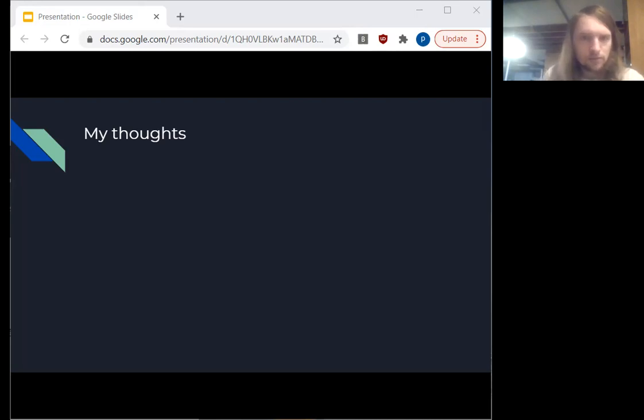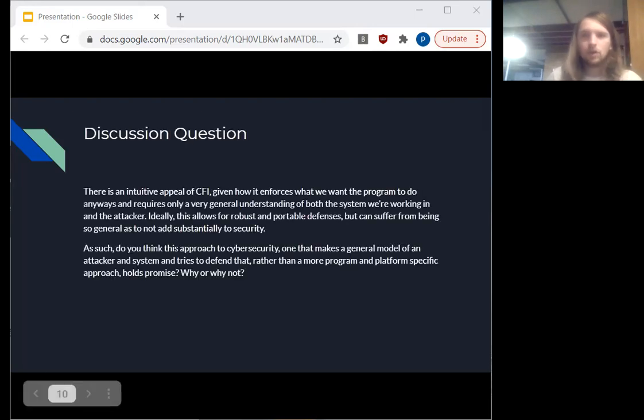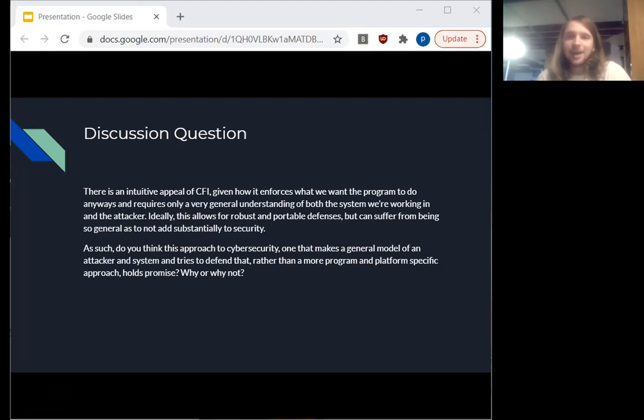So then moving on to the question I have for you all, and I'm almost over time, and I'm sorry about that: there is an intuitive appeal to CFIs, given how it enforces what we want the program to do anyway, and only requires a very general understanding of both the program we're working in and the attacker.